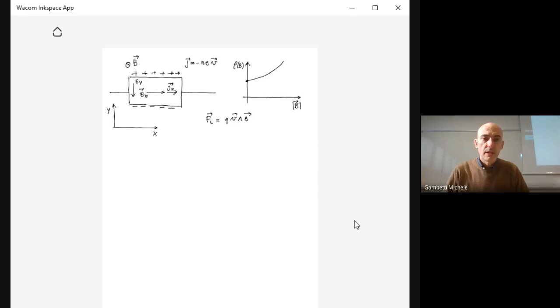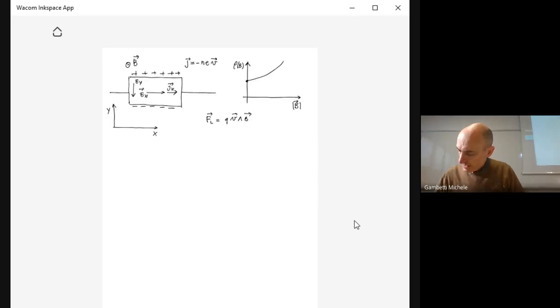So if the flow of current is due to the electrons, what we obtain is that the right part of the slab is negatively charged and the left part is positively charged. Now let's see what happens if the flow of current is not due to electrons, but is due to positive charges.